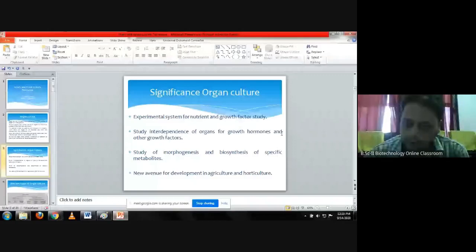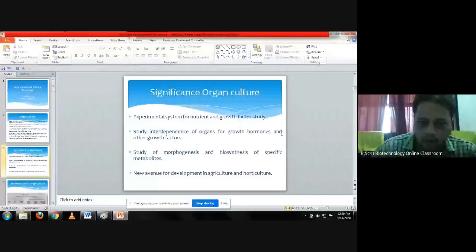Now significance: it is an experimental system for nutrient and growth factor study. Second, we can study the interdependence of organs, for growth hormones and growth factor study. Then there is the study of morphogenesis and biosynthesis of specific metabolites. Whatever metabolites are produced, we can study how they are produced and their biosynthetic pathway, and it will open new avenues for development in agriculture and horticulture.